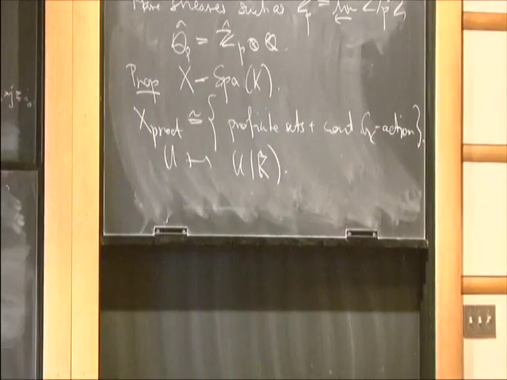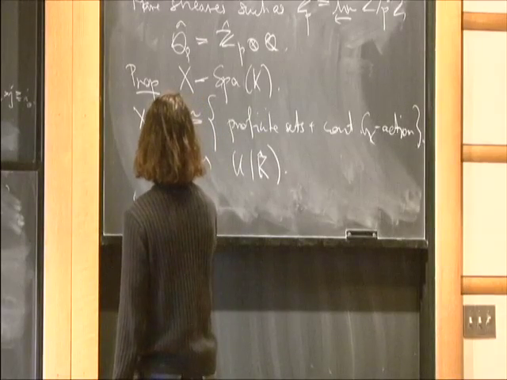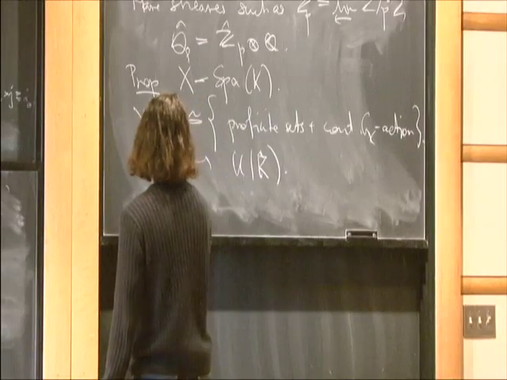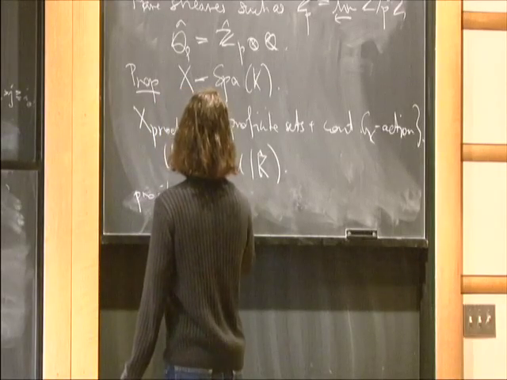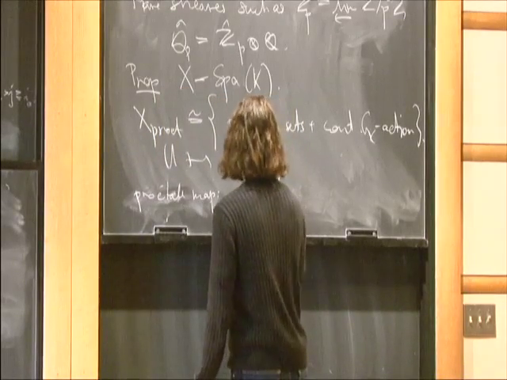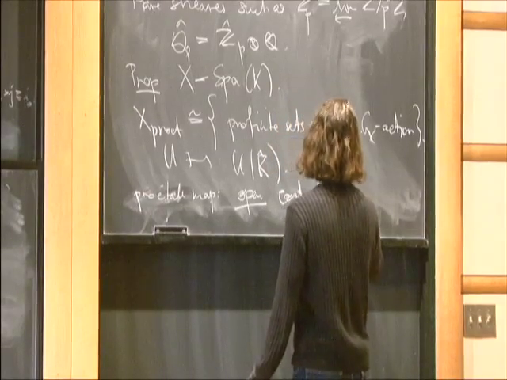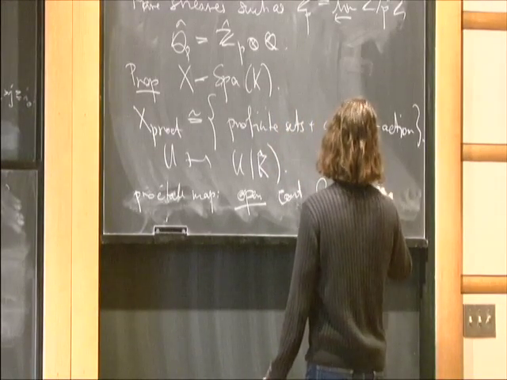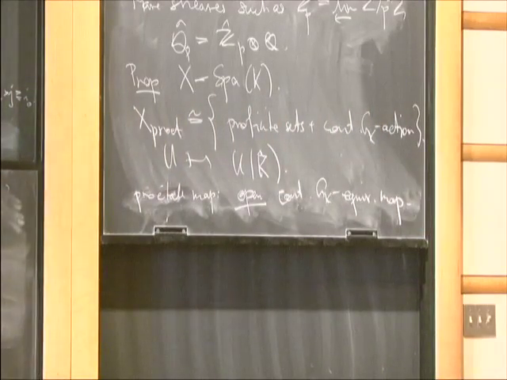And so what are covers? A pro-étale map is an open continuous G_K-equivariant map. The open comes from the condition that from some stage on it's finite étale, and surjective, that's the point.